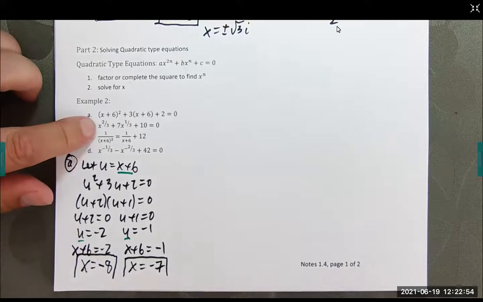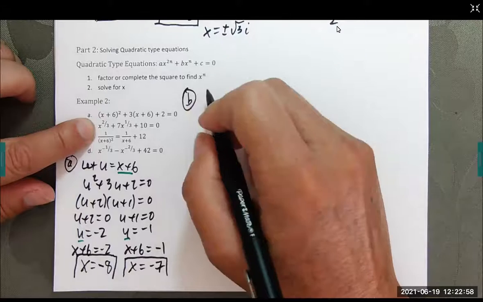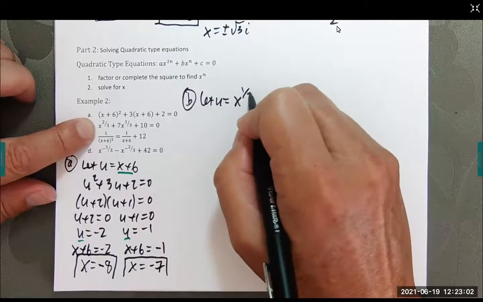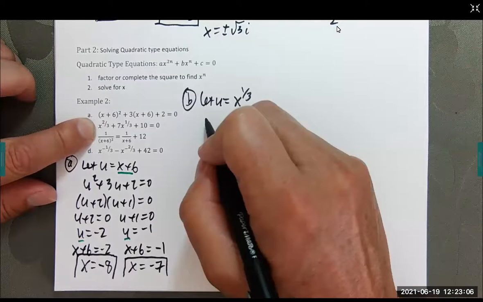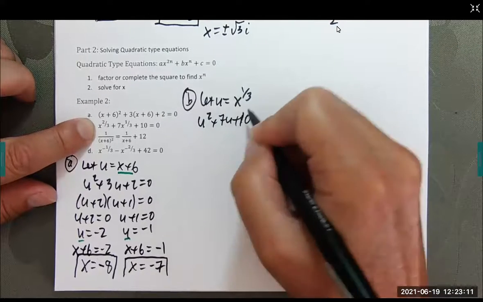Next up, this is part B, I'm going to let u equal x to the 1/3. This gives me u squared plus 7u plus 10 equals 0.